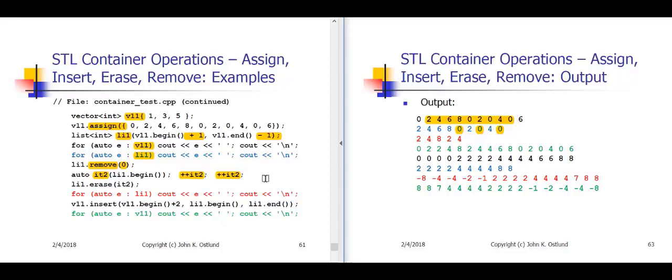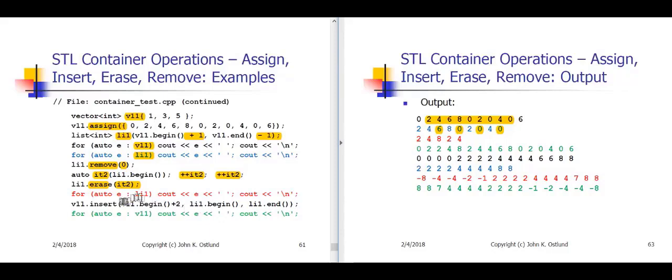When the iterator was at begin, it was at the 2, and when I move it forward 2 positions, the iterator is, quote, pointing at, unquote, the 6. Consequently, when I say li1.erase whatever is at that iterator it2, that's going to erase the 6.